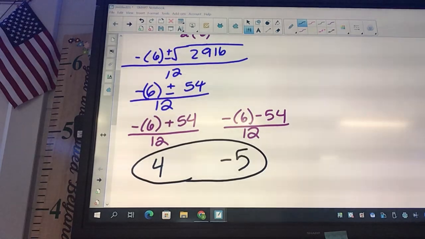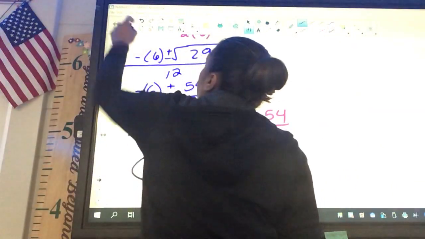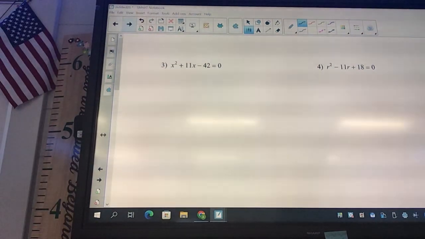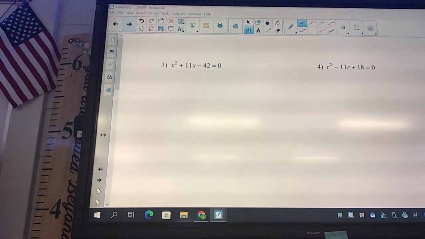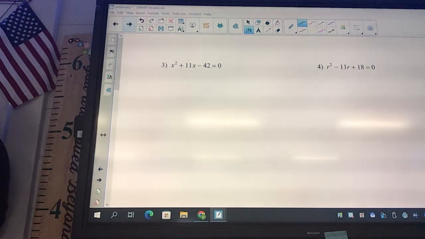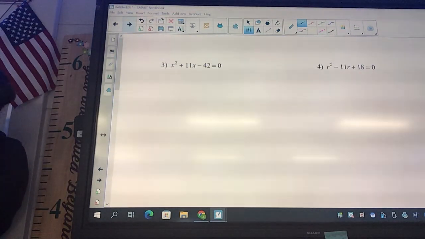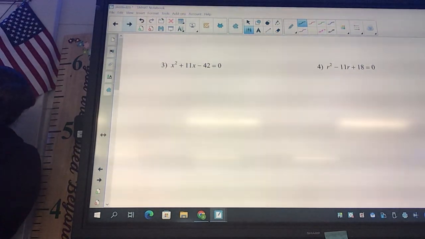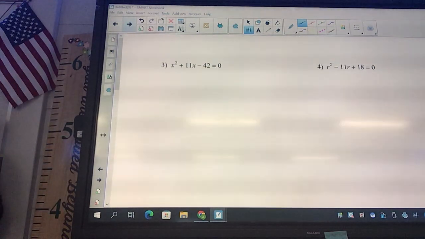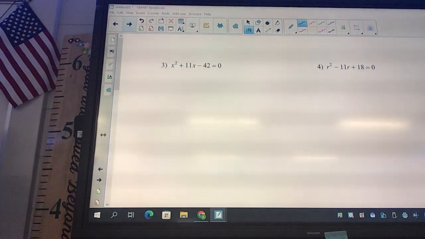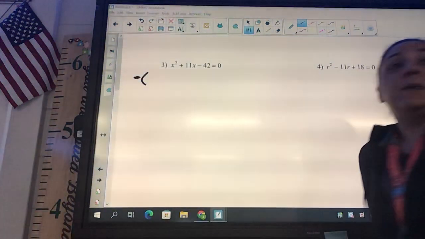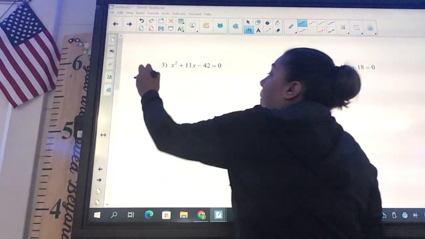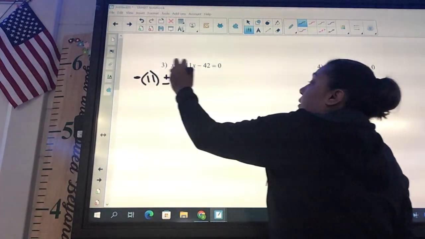Okay, go to number 3. All right, this formula. Okay, so we got negative B, what's our B? 11 plus or minus square root.